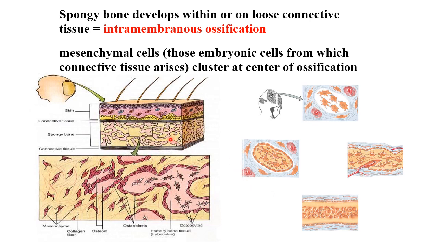Okay. So here is another illustration of what kind of membrane can give rise to this type of bone development, right? So if you look here, you can see the dermis side, right? Dermis, not the epidermis.